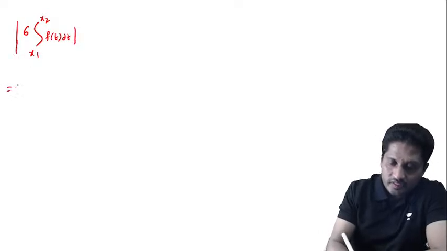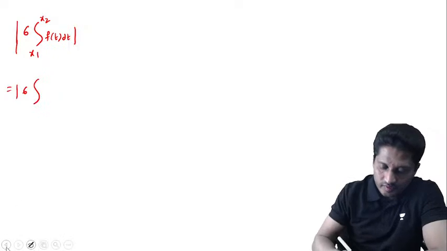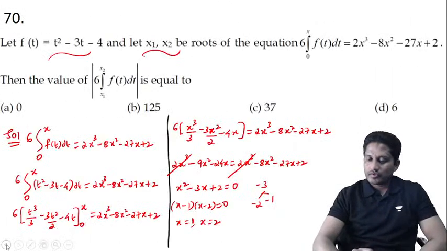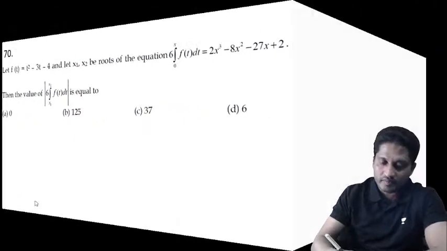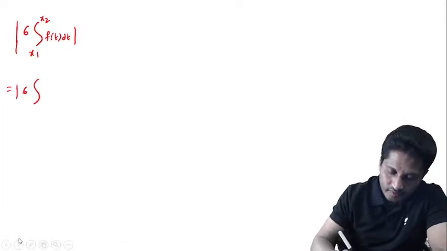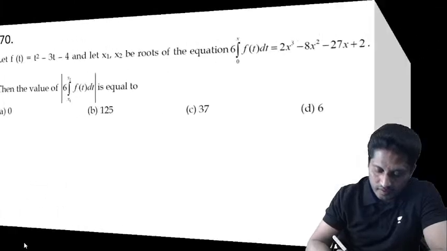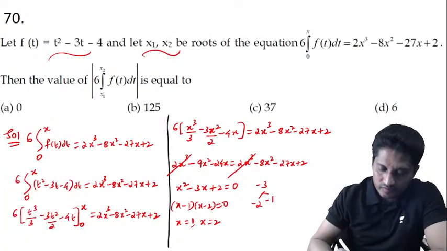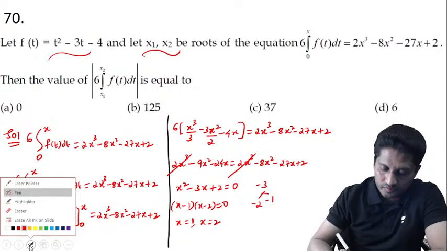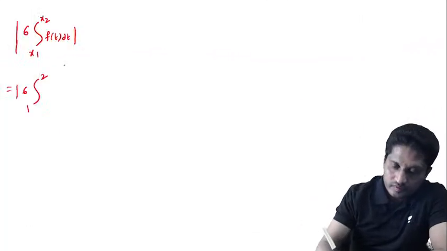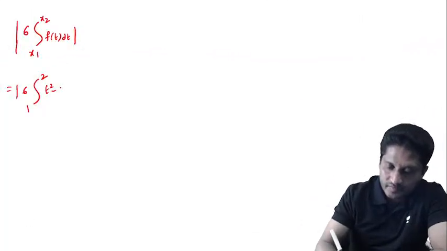This is equal to 6 times the integration, roots are 1 and 2, right? So lower limit is 1, upper limit is 2, and f of t dt will be equal to t square minus 3t minus 4, and then this is dt.